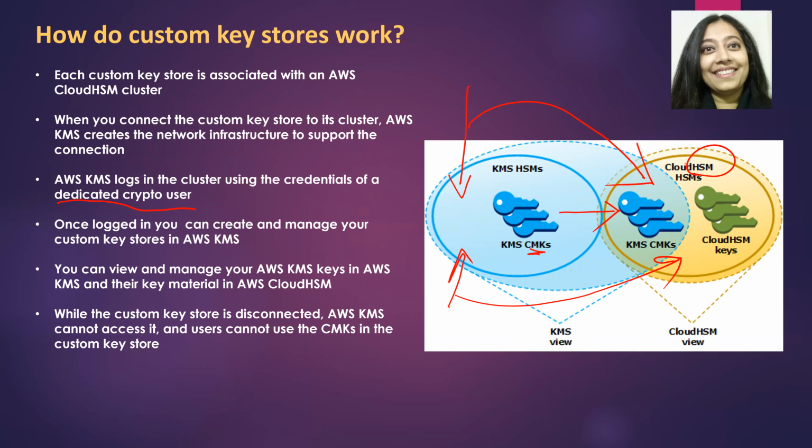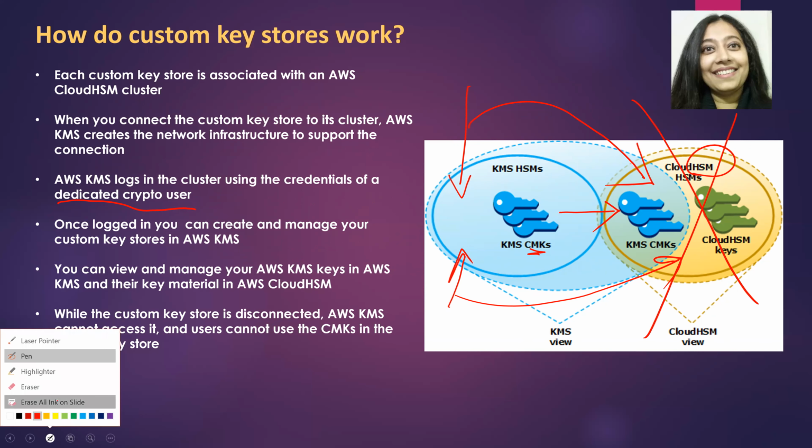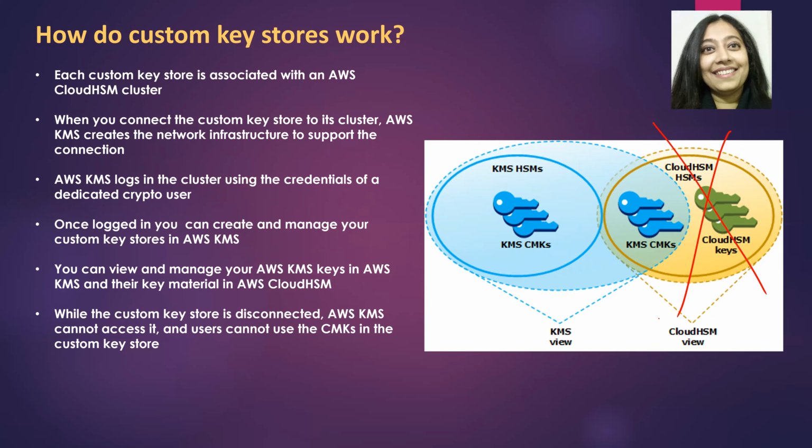So let's say for whatsoever reason this HSM module goes down and it's not available. Your KMS CMK is right here, so you'll be able to see the CMK, but you cannot use it. Why? Because this HSM module is down.